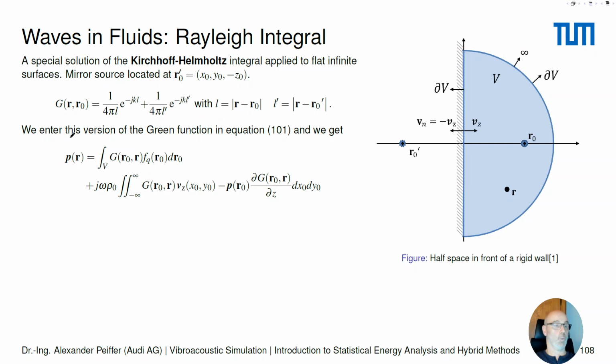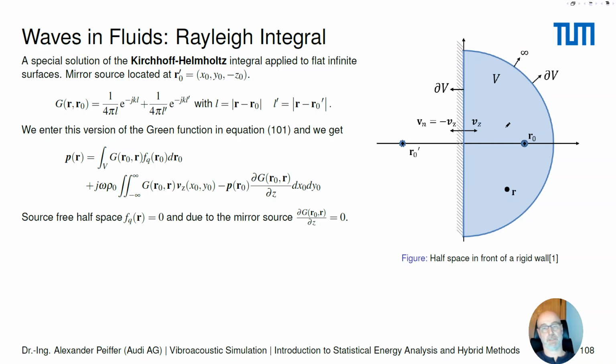So when we enter this version of the Green function into our Kirchhoff-Helmholtz integral, equation 101, we get this expression here, or it's just written down. To a first extent, we assume that there is no additional source here in the surface area at 1.